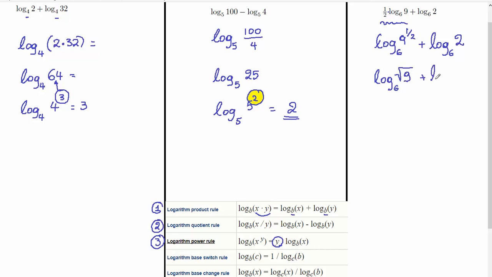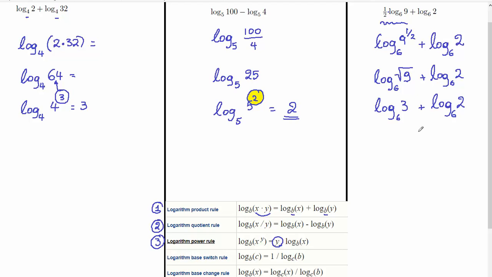Plus, I don't touch the second part of my expression, I leave it as is. Now the square root of 9, obviously, we all know is equal to 3. So this is replaced by the log with base 6 of 3 plus the log with base 6 of 2.